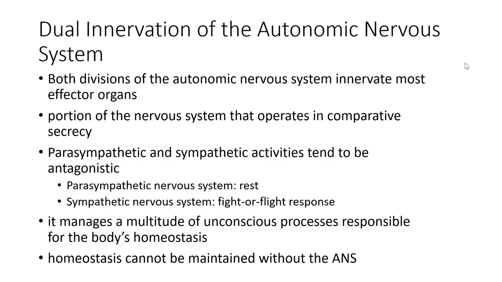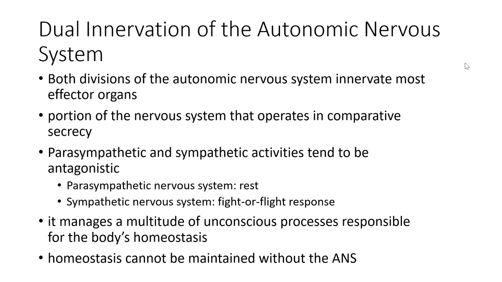And so it's really important to keep those two functional aspects of these branches of the nervous system separate, but also to think about how they're really controlling the exact same organs. When I'm resting and digesting, there's still influence on my heart rate. It's just that the influence here is to slow it down.